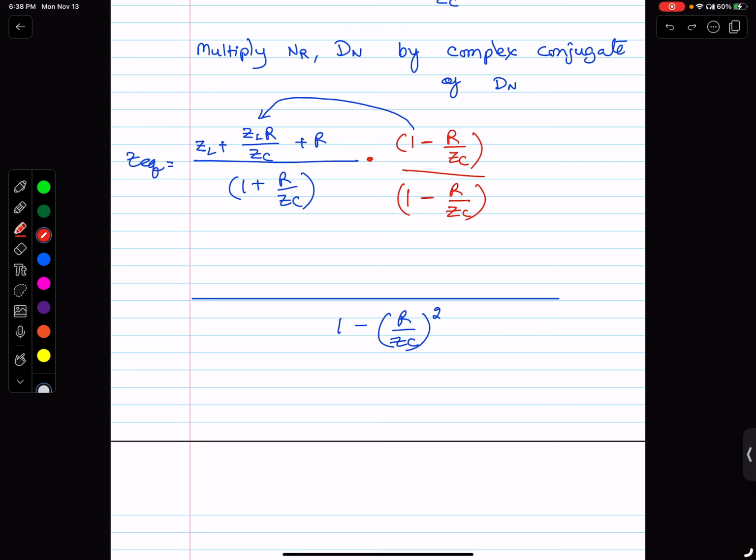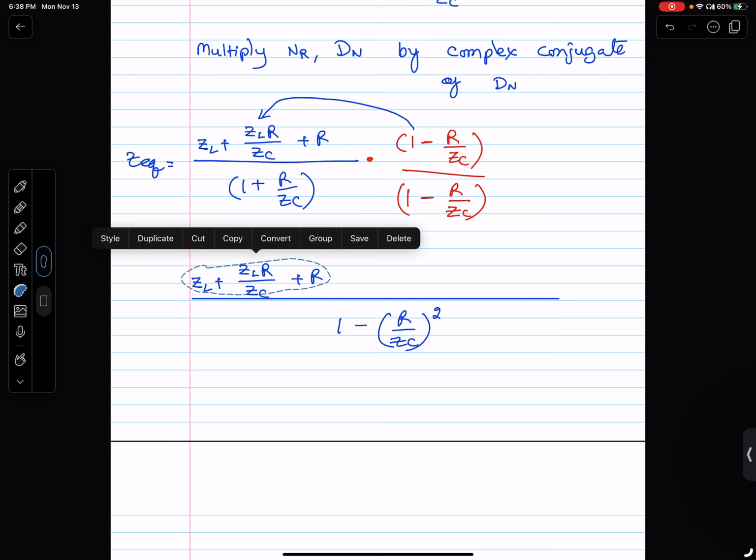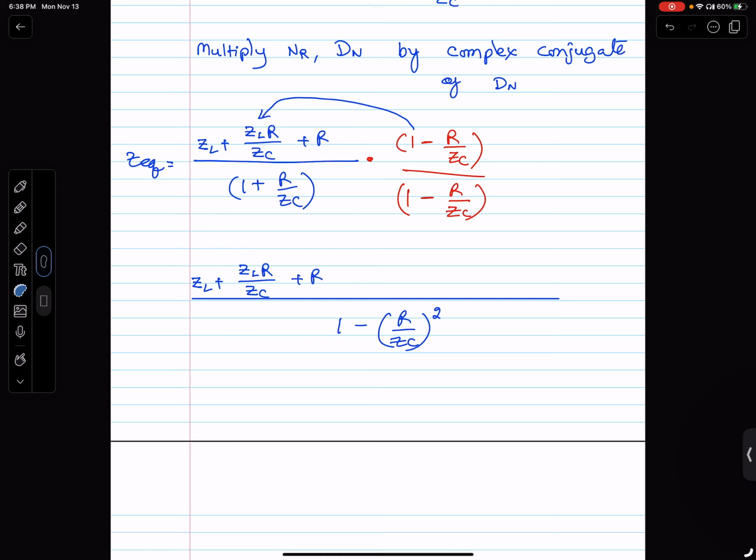The same thing. Okay, I might actually copy this and paste it, duplicate it. That's coming from the multiplication with 1. Now there's also multiplication with this guy, with R by ZC. When you multiply each of these terms with all of this, what you get is the following.